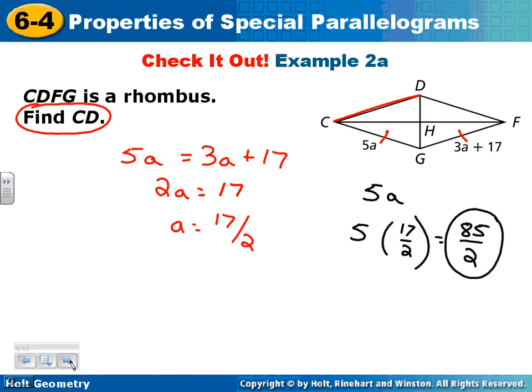So that means that this side is 85 halves. This side would be 85 halves. Every side would be 85 halves. Or what would that be? 44.5 if you want it as a decimal. That's easier for you. 44.5. Again, in a rhombus, if you find one side, you found all the sides.